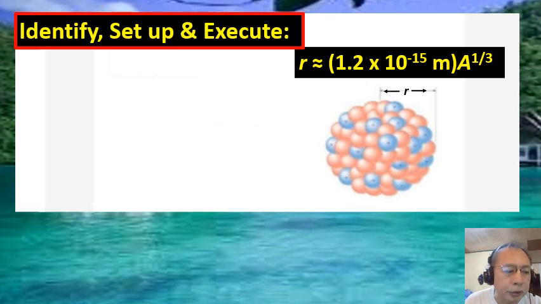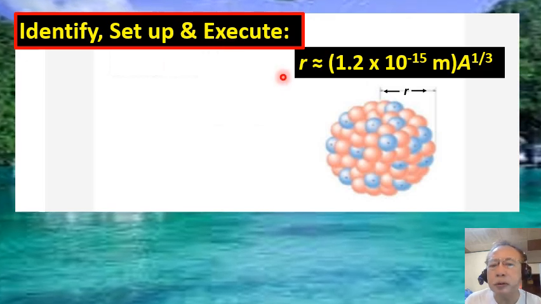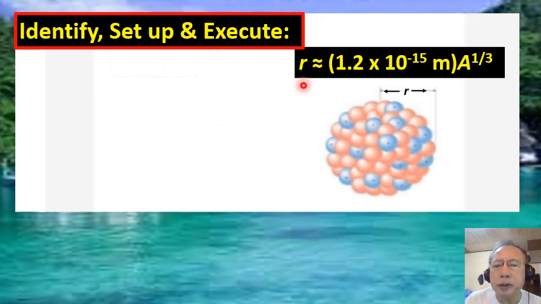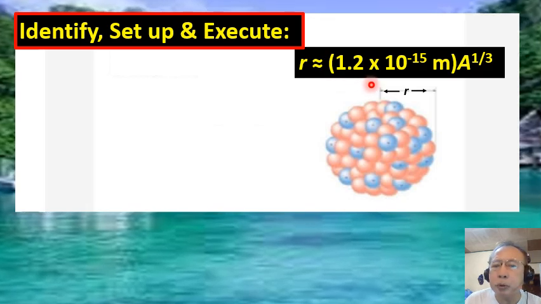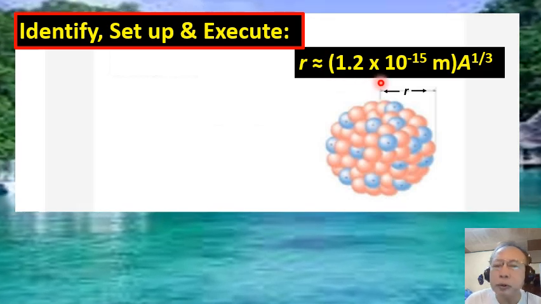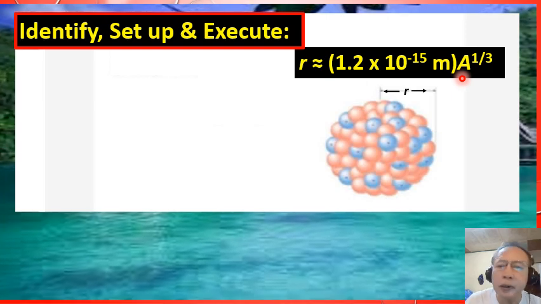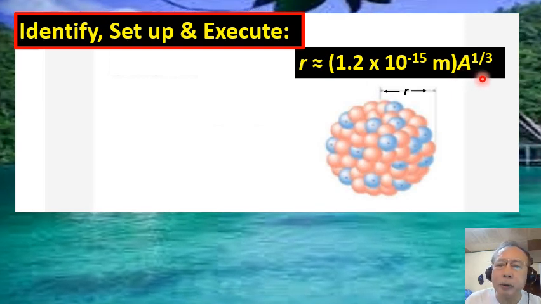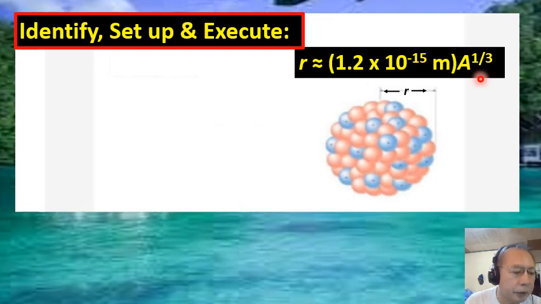The nuclear radius of any atom is given by this equation. Small letter r is equal to quantity 1.2 times 10 to the negative 15 meters multiplied by capital A raised to the 1/3 power.